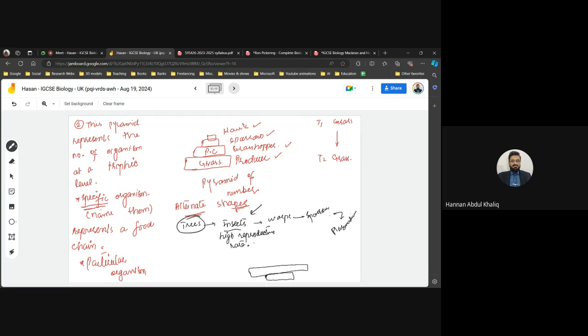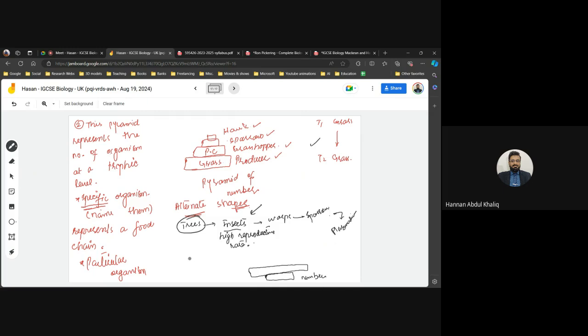Impossible. If we would have considered all the producers... now we are specifying the trees. When we specify the trees, now these trees have less number.